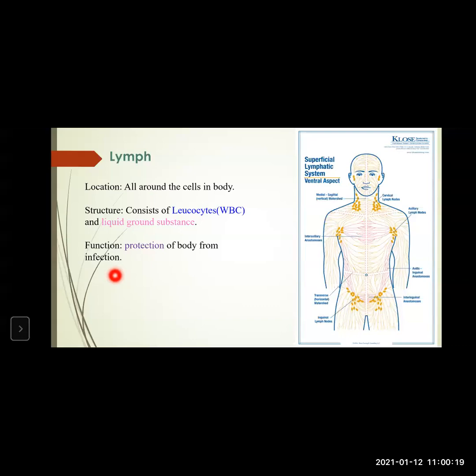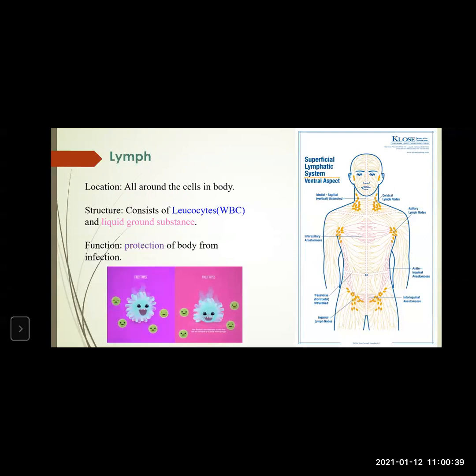Remember, in this chapter, specifically in the tissue part, what you have to remember is the name of the tissue, its location, what it consists of, and what are the functions. Okay, so it will be easier for you to answer.